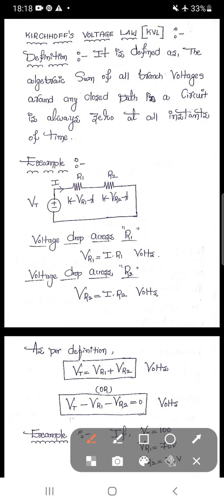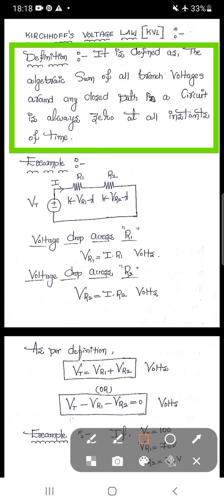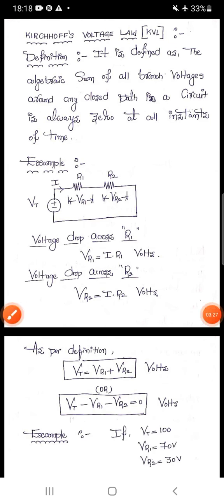Look again at the definition of Kirchhoff's voltage law: the algebraic sum of all branch voltages around any closed path in a circuit is always zero at all instants of time. It means the applied voltage must be equal to the voltage drops across the individual elements.